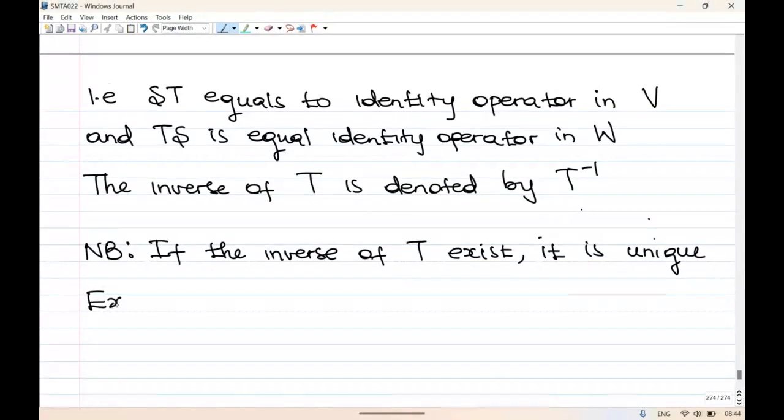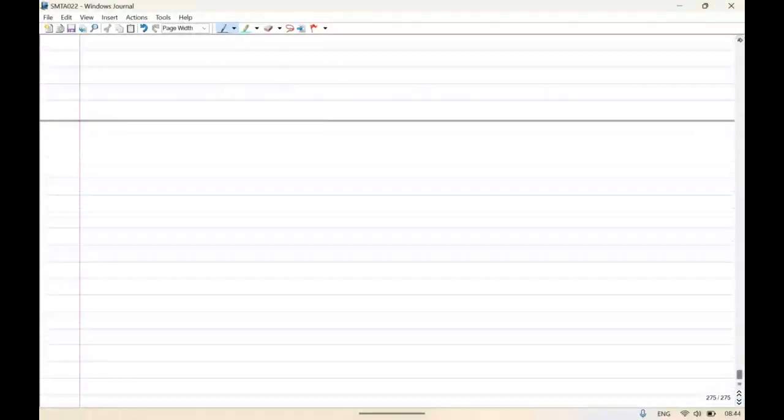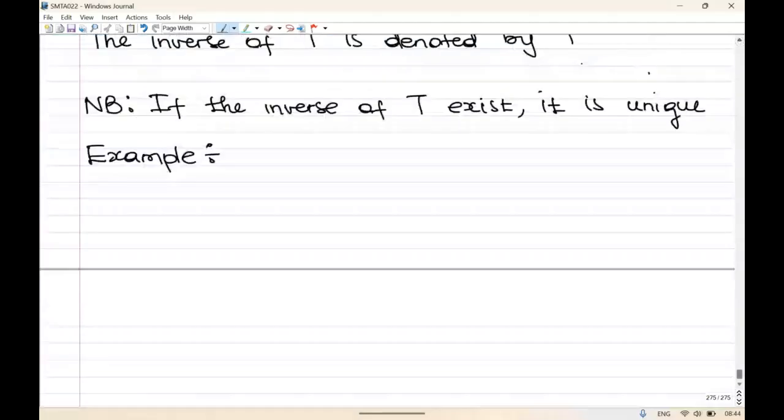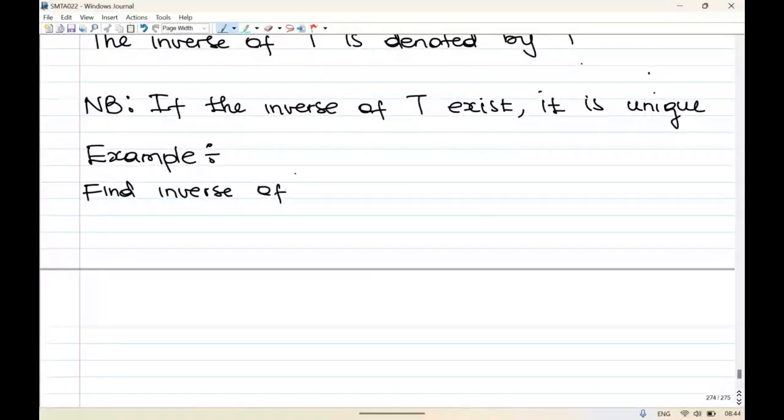Yes, sir. I wanted to hear that, colleagues. Then let's see. Find the inverse of this map T that takes 3 dimension to 3 dimension.